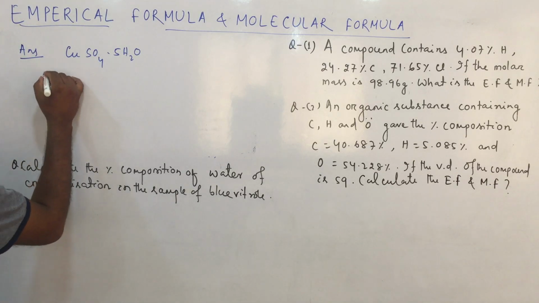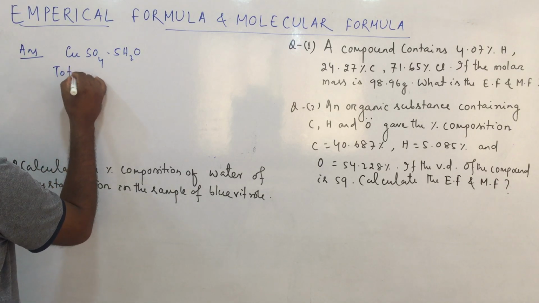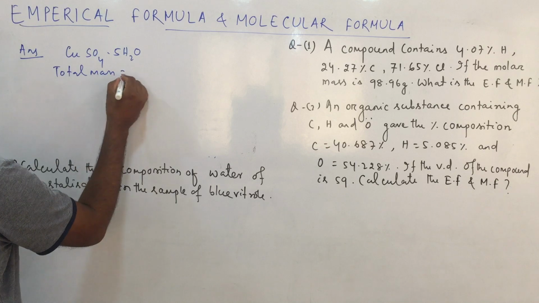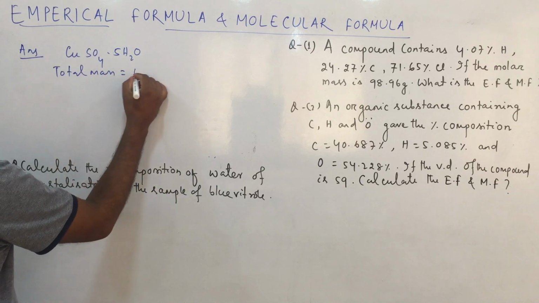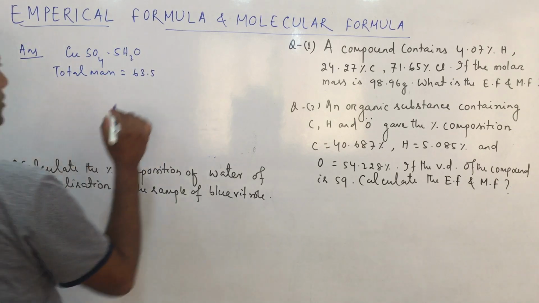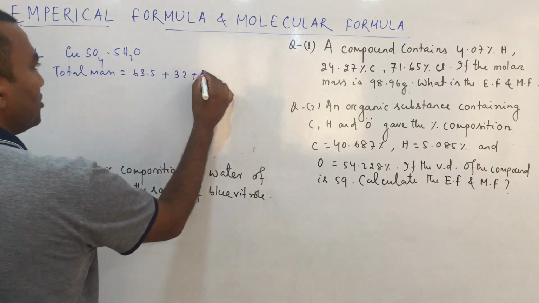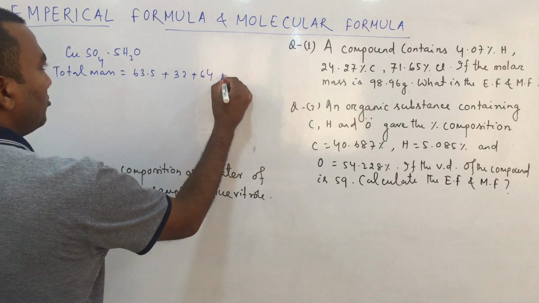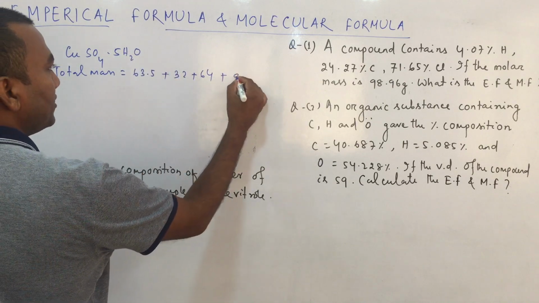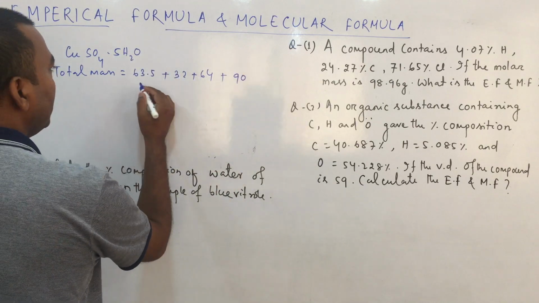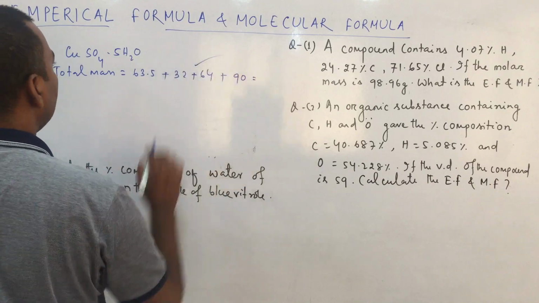So calculate the total mass. The total mass equals copper 63.5 plus sulfur 32, oxygen 16 into 4 is 64, plus water 5 into 18 is 90. So this is the total mass of the molecule.